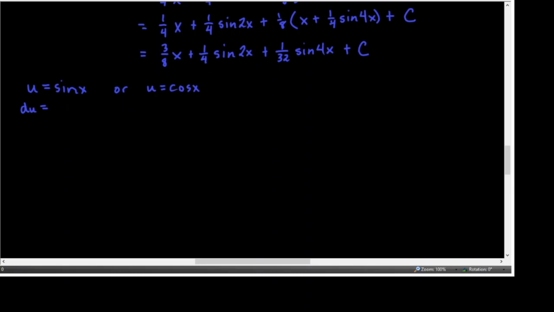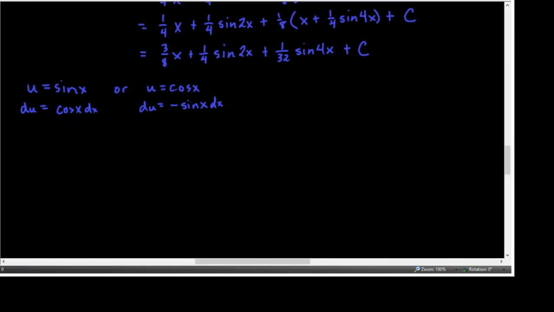So for a u being sine of x, du is cosine of x dx. Or if u is cosine of x, then du is negative sine of x dx. So it involves just simply the other function. And that makes that the easier situation.